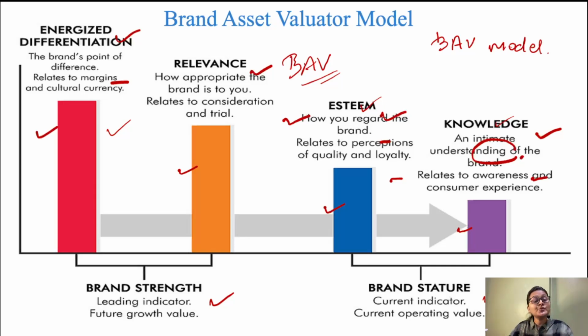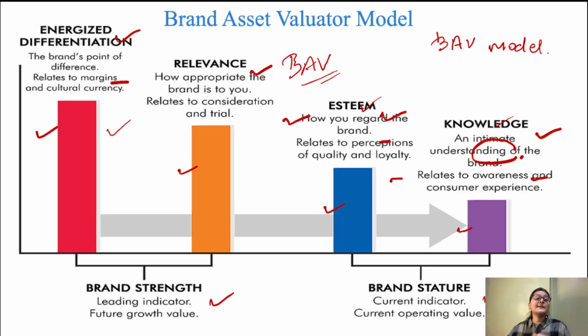That is going to be a win-win situation for both the brand and the consumers. For the brand, because it will lead to greater growth, and for the consumers because they are going to receive the products they want from that particular brand, and it is going to be beneficial for the economy of the country.